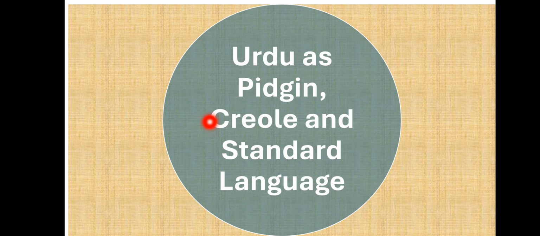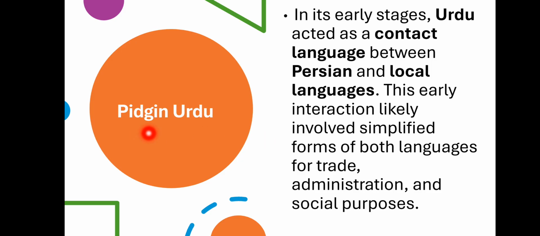The Urdu language that is spoken in Pakistan and India was also a Pidgin. Later on it became a Creole, and now it is a standard language. Pidgin Urdu. Now in its early stage, Urdu acted as a contact language between Persian and local languages. It was spoken in the 12th and 13th century in the Indian subcontinent, and these people were in contact with the Persian language, so they evolved a new language from some local languages which were spoken in the Indian subcontinent.